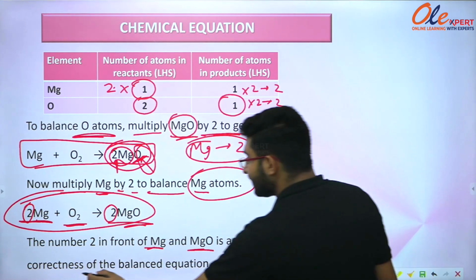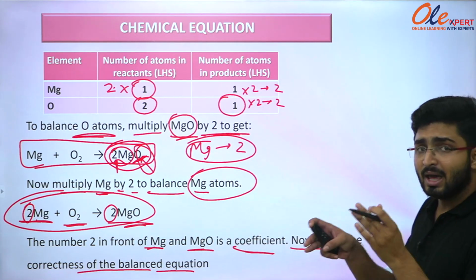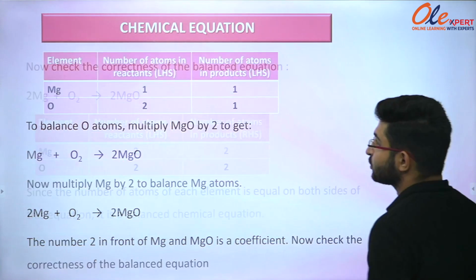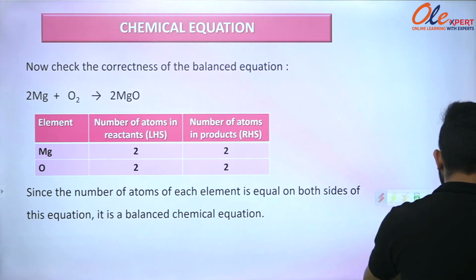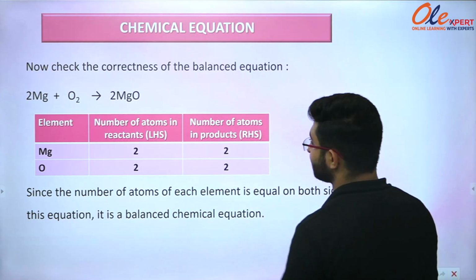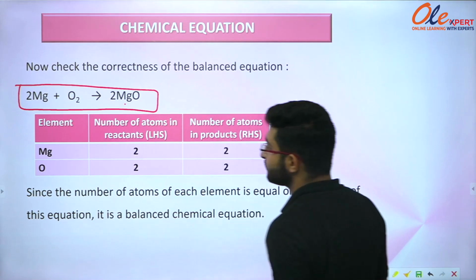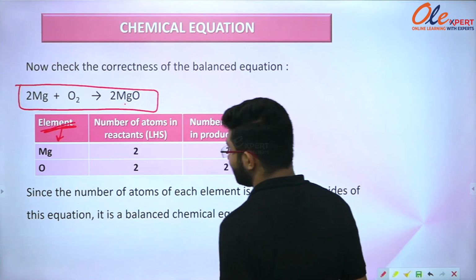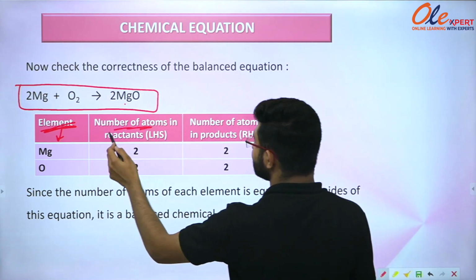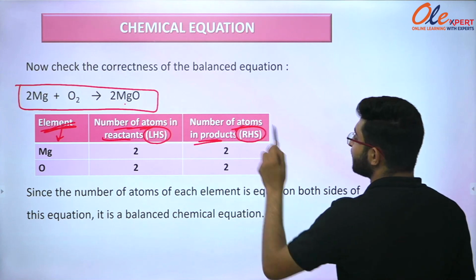Now check the correctness of the balanced equation. You can check the correctness by making a table again. The balanced equation was 2Mg plus O2 gives 2MgO. Now make a table in which you mention the elements, the atoms of the reactants on the left hand side and the atoms of the products on the right hand side.